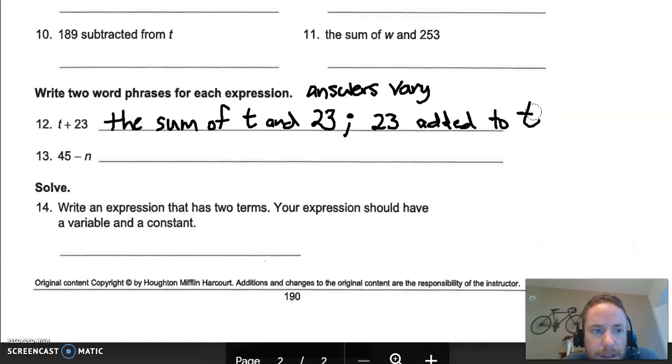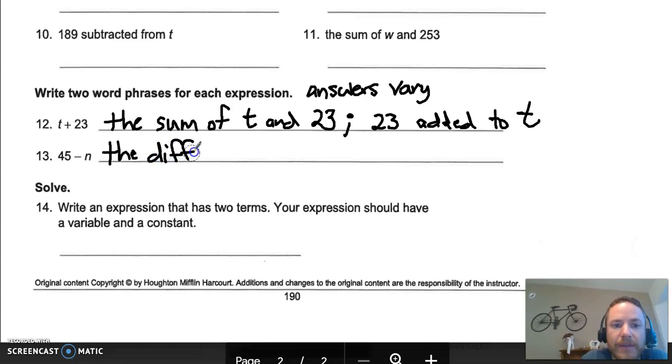Alright, let's move on. Number 13, subtraction. These are the tricky ones. We could do a very simple, just 45 minus n, or the difference between, which I'm going to do. The difference between 45 and n.